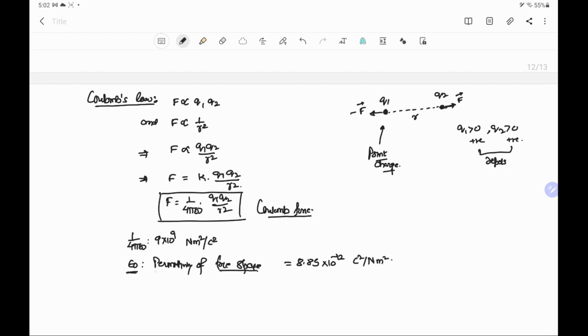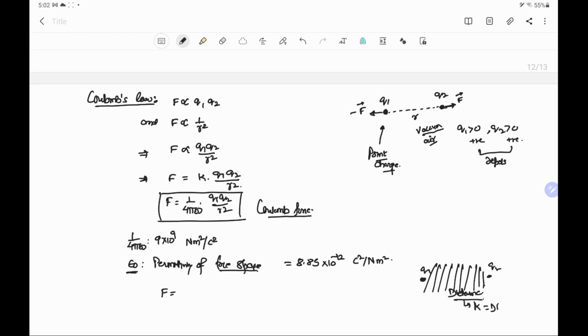If there is a dielectric medium, in that case the force between the two charges, this is Q1 and this is Q2. Practically, we have taken the medium between these two charges as vacuum or approximately air. But if we take a dielectric medium in between them, a dielectric is a type of insulator. This space has a dielectric in between, and this dielectric has a property constant K, called the dielectric constant.